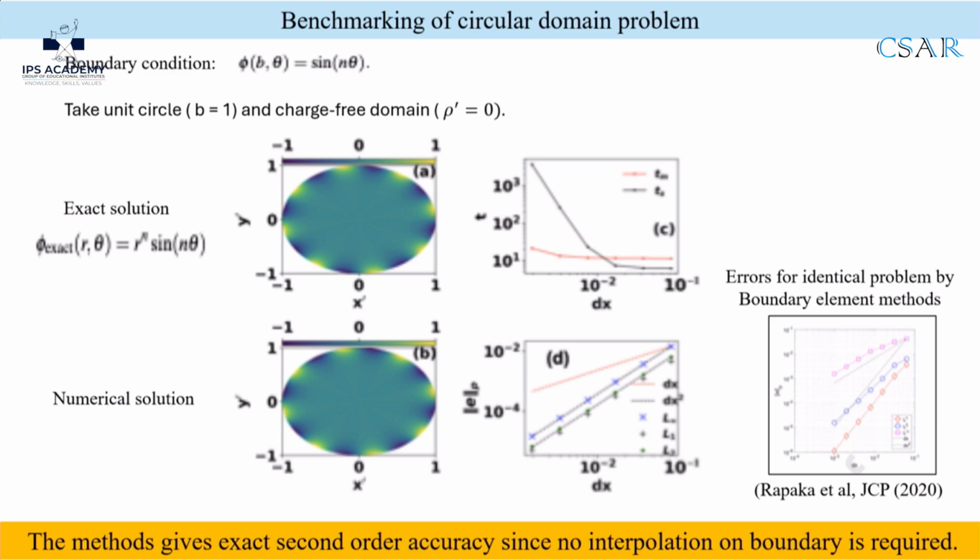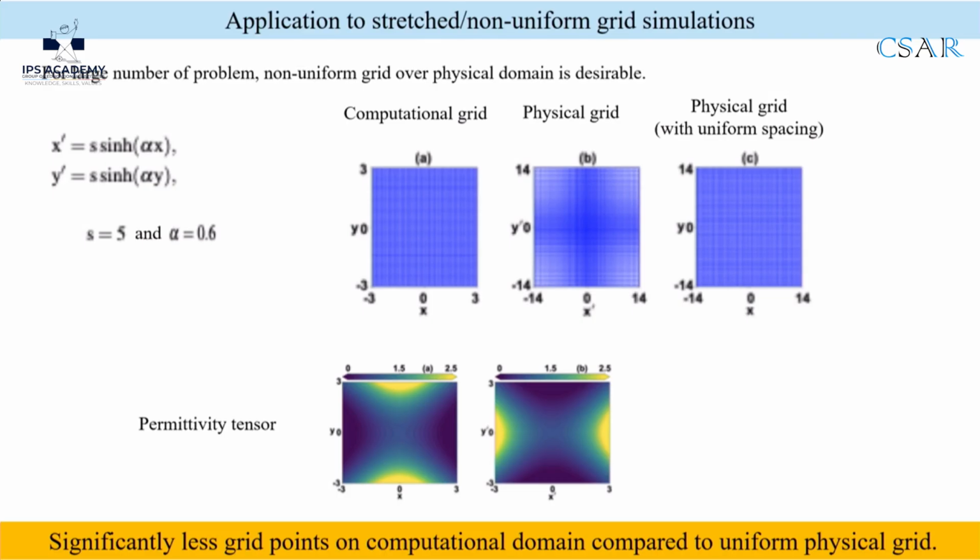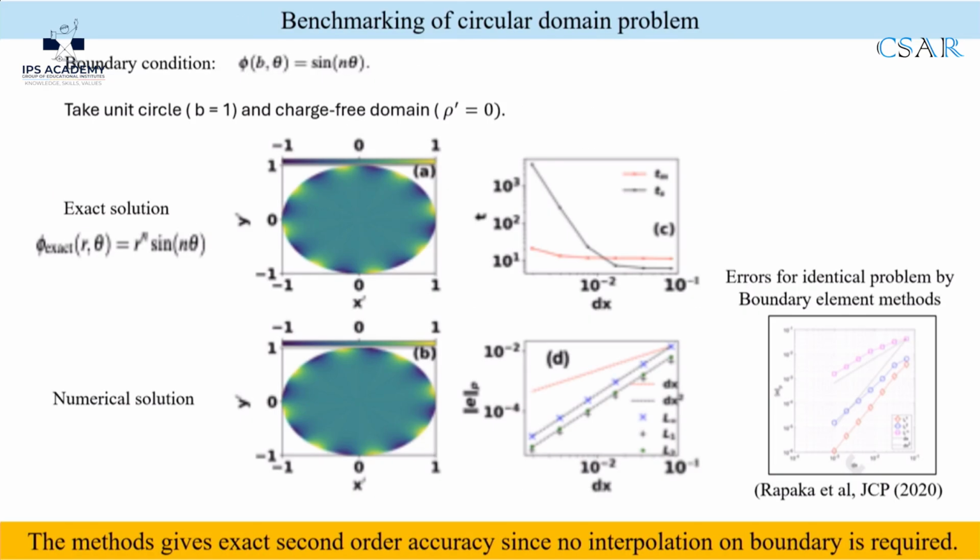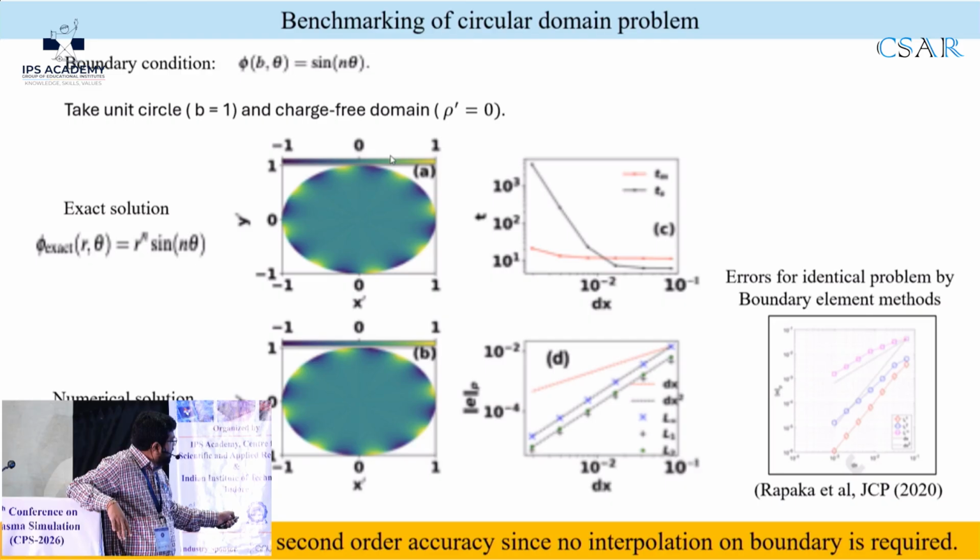Just to demonstrate that aspect, we generated a numerical grid, and this is my physical grid. On that, I put a boundary condition where phi is changing as n times sine theta. This is another well-known benchmark problem for Poisson solvers.